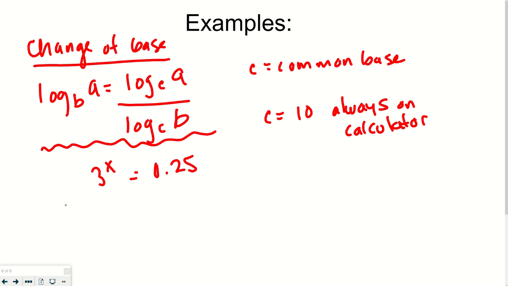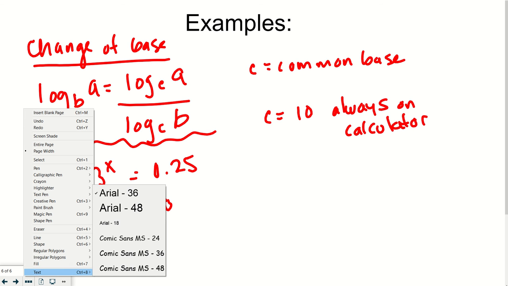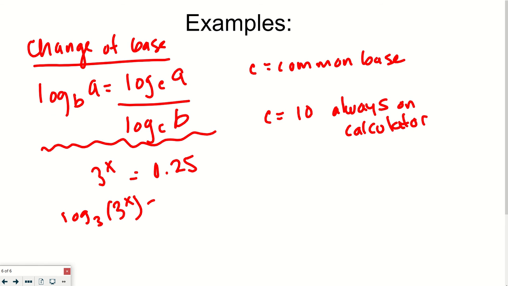So if it's an exponent, we're going to do log base 3 of both sides. Whatever you do to one side, you have to do to the other. So log base 3 of 3^x equals log base 3 of 0.25.